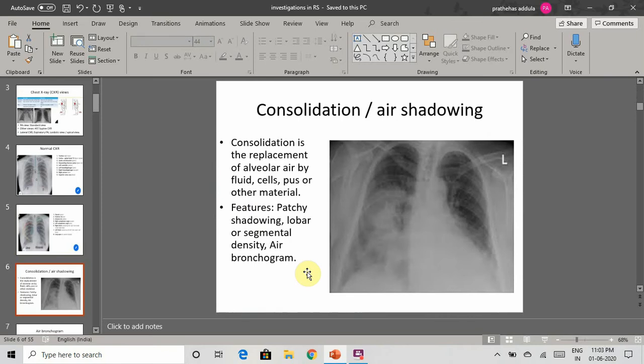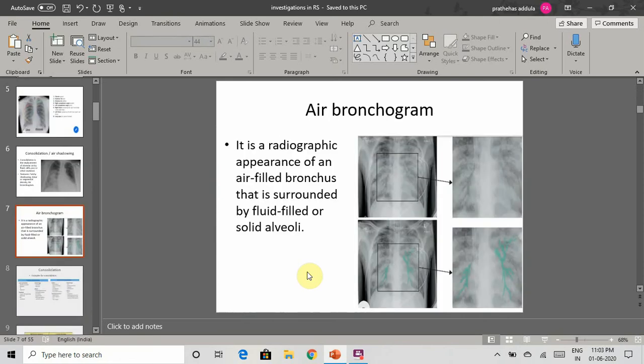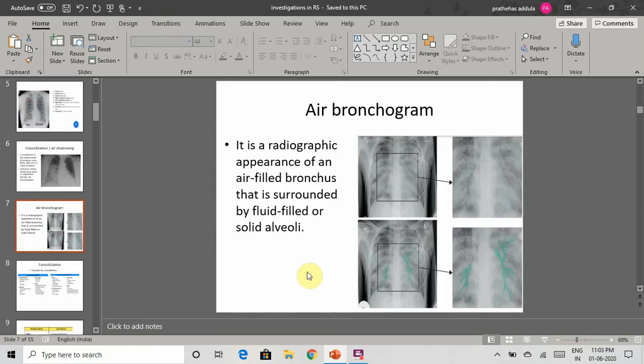Consolidation is the replacement of alveolar air by fluid, cells, pus or other material. It shows patchy shadowing or lobar or segmental density with air bronchogram, which can be understood from the picture. Air bronchogram is a radiographic appearance of an air-filled bronchus that is surrounded by fluid-filled or solid alveoli.